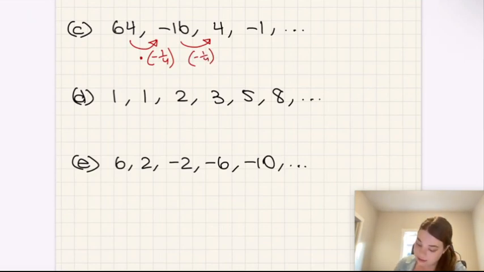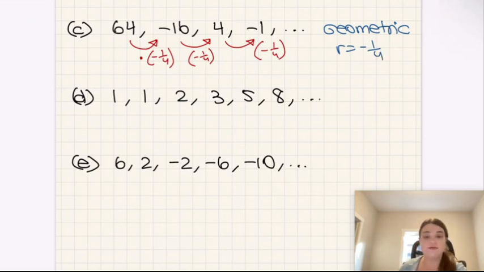And then we can multiply 4 by negative 1/4 again to get negative 1. Right? And so if all we have to do is just keep multiplying by negative 1/4 to get the next term, therefore this is a geometric sequence because it has a common ratio of negative 1/4.